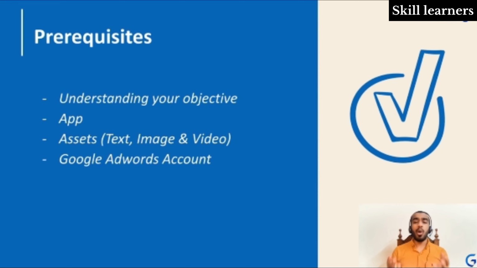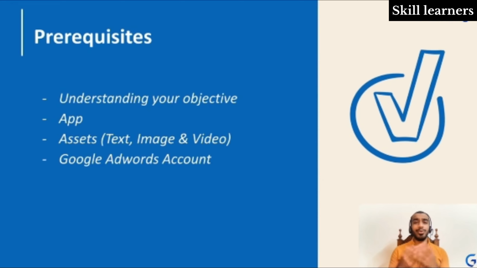So a mix of all these three can help you really scale your campaign and use the huge pool of audience that's available within Google's entire network. All three types aren't compulsory, but to start off, I think text ads are mandatory to actually start off with a UAC campaign. You can also add a mix of text and image for starters and wait till you get video assets created if you don't have video assets to begin with.